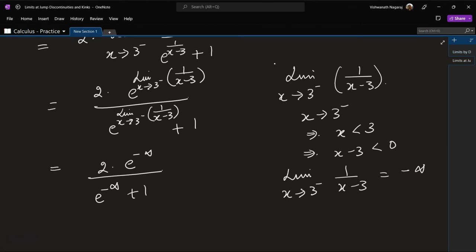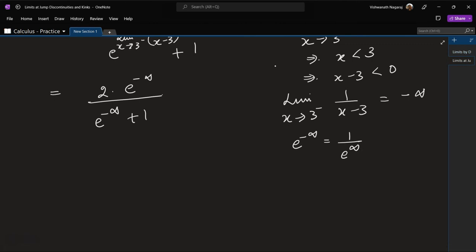Now, another interesting aspect is that e to the power of minus infinity can be written as 1 by e to the power of infinity, right? And 1 by an infinite number is equal to 0. So we can say e to the power of minus infinity is equal to 0, or basically tends to 0. So let's take it as 0.